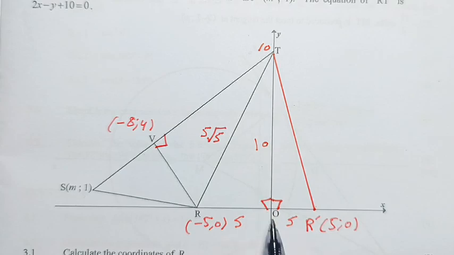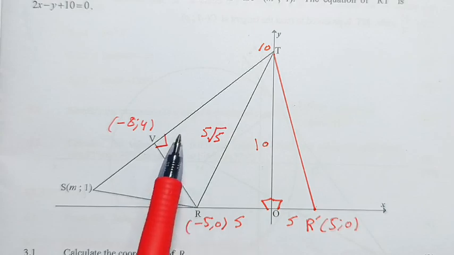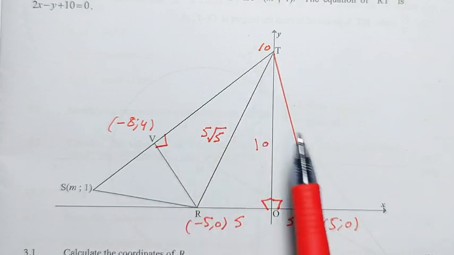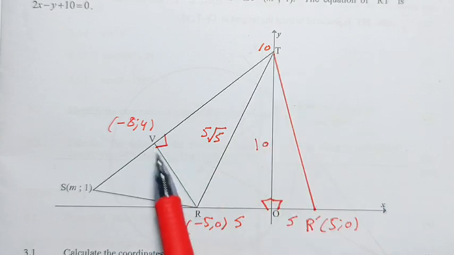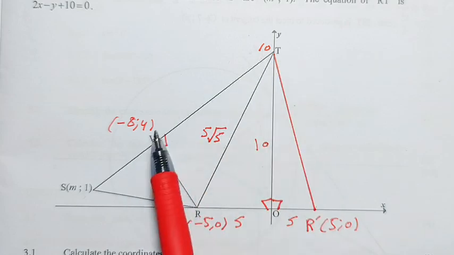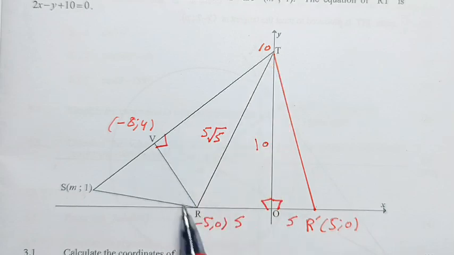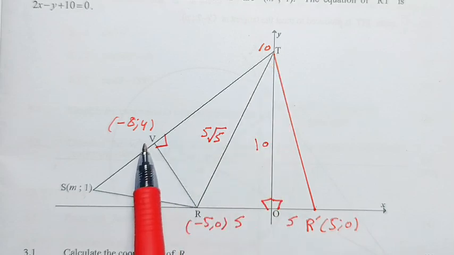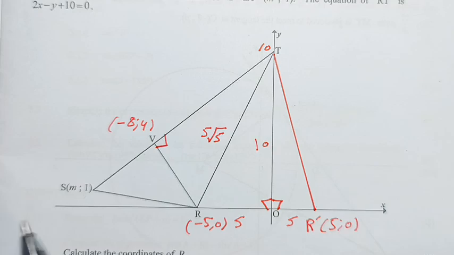Because this is 90 degrees, this is also 90 degrees, 1 over 2 base multiply height. So let's find the height. We need to find the base. If we can find the base VR and the height VT, which is this triangle TVR, and then we can find the area of RVTR prime.